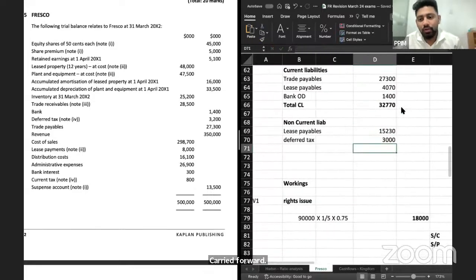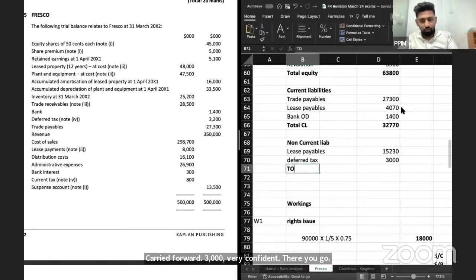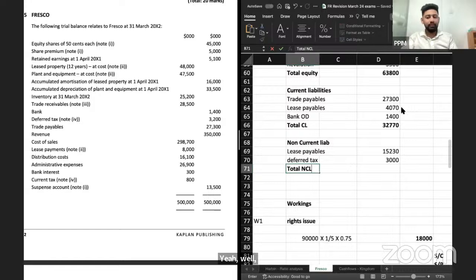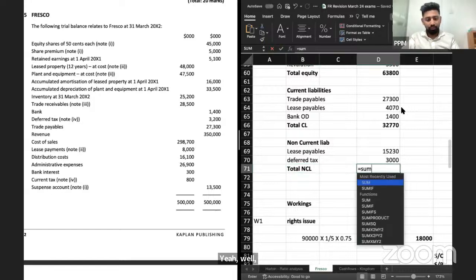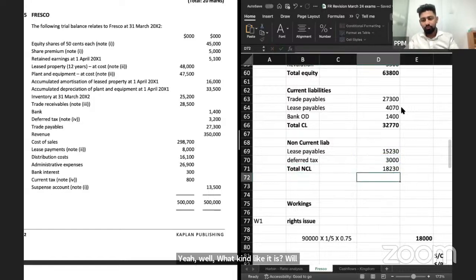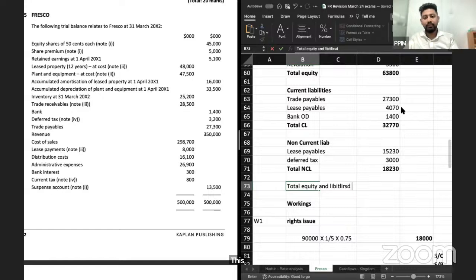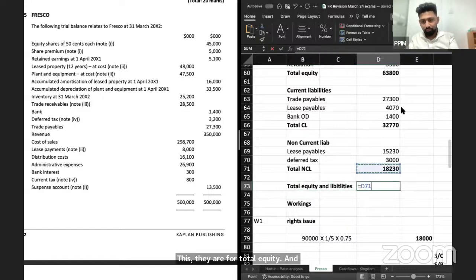There you go. Lovely. Therefore, your total non-current liabilities will be this. Therefore, total equity and liabilities equals this plus this plus this.